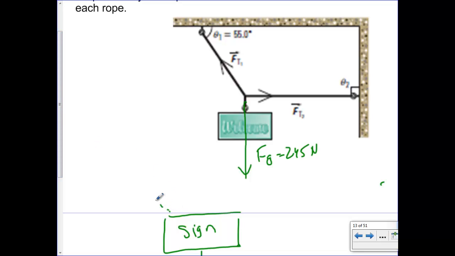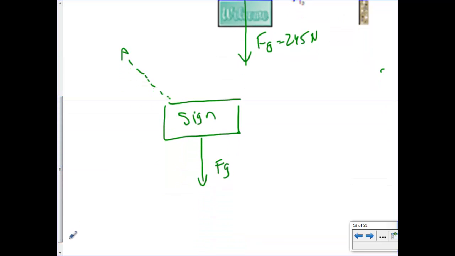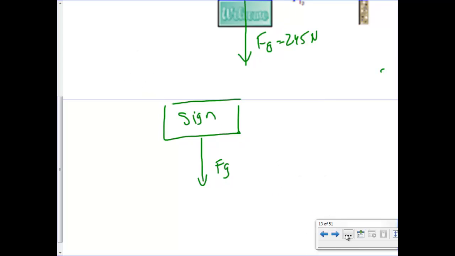But this rope right here, don't draw this, but this rope is going off at an angle. What could we do rather than draw it at an angle? Draw it up and then draw another one going that way. That'll work. So rather than drawing this one that I've drawn right here, let's break this one up into force tension in the Y direction from rope number 1, however you want to keep track of this, and there is also some tension in the X direction from rope number 1.